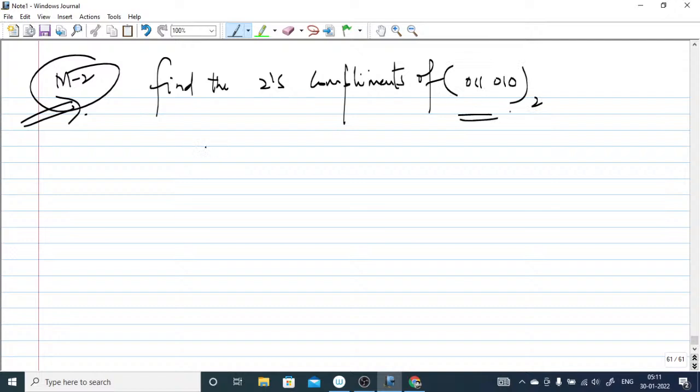What you have to do is write 0 1 1 0 1 0, and then find the first 1. Move from right to left, and the very first 1 you get is going to be your seek bit. Copy everything as it is till that 1.